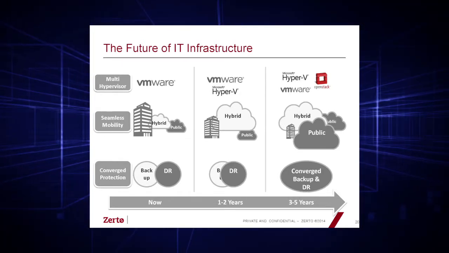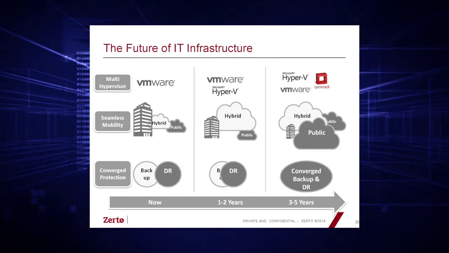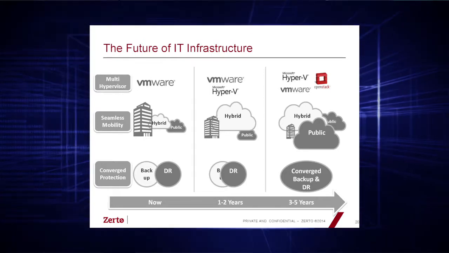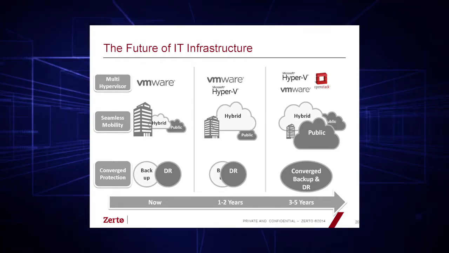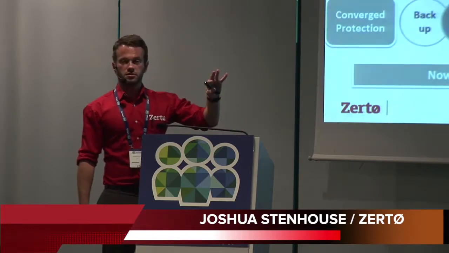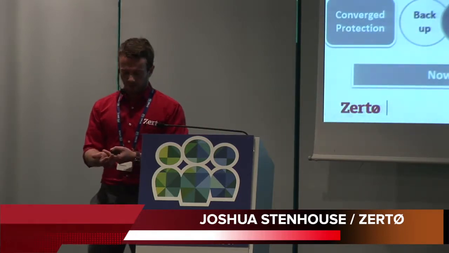If you look at the way IT infrastructure is going over the next few years, here you can see, as we currently have, our siloed infrastructures with predominantly VMware, the different clouds, and separate backup and disaster recovery. And if you take this over the next few years, what we see is a convergence and a commoditization of both the hypervisors, your clouds, and backup and disaster recovery.